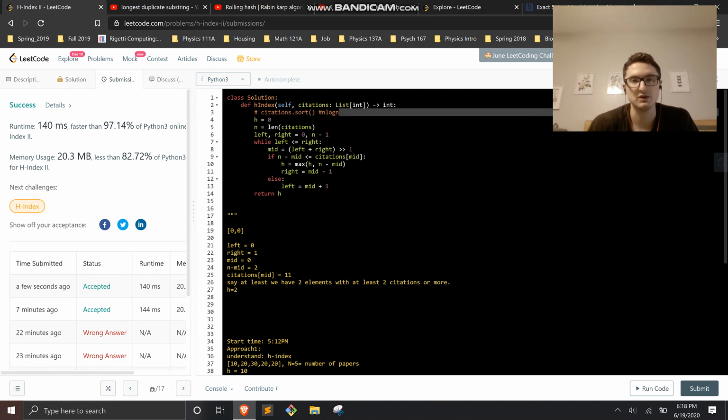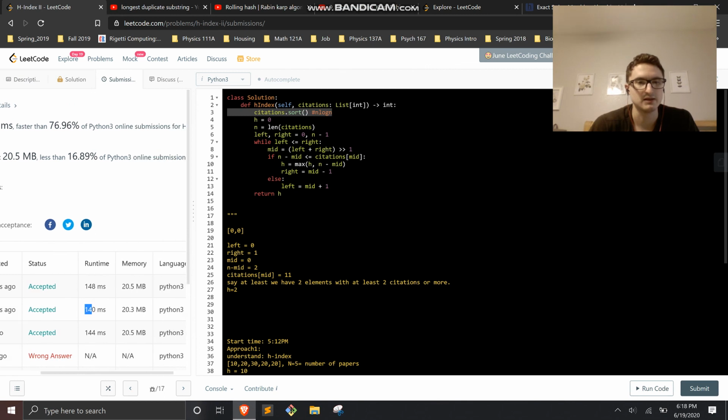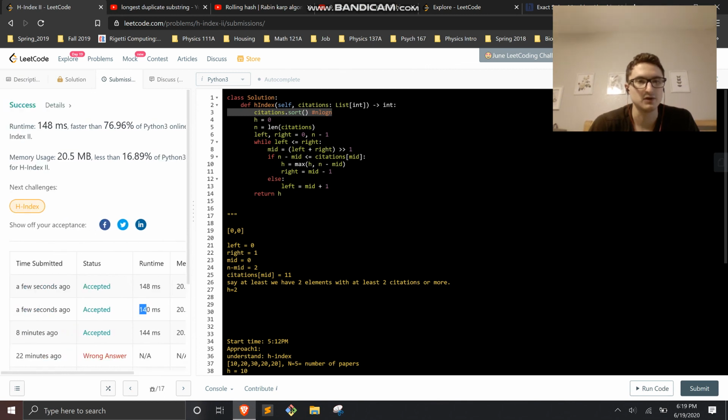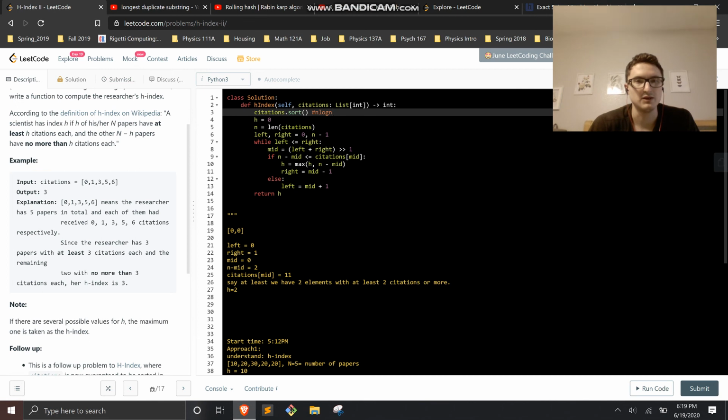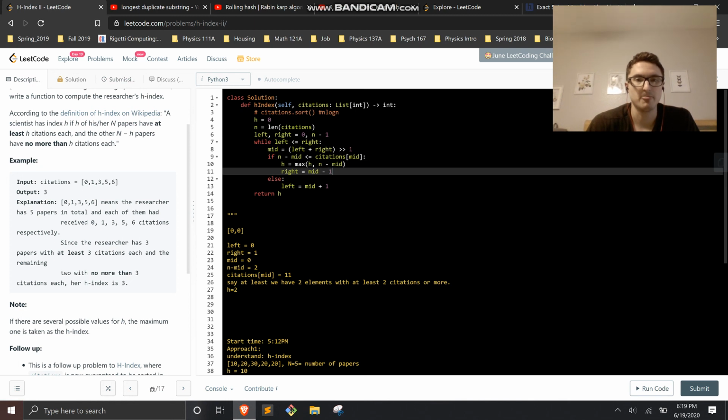So that would be if it's sorted, we would do that. If we assume that they're not sorted, we do this. And you notice the runtime is changing slightly slower. It's not making too much of a difference. But yeah, you can see we don't actually need this for this problem. I guess they are sorted. So yeah, this really is a log n runtime.